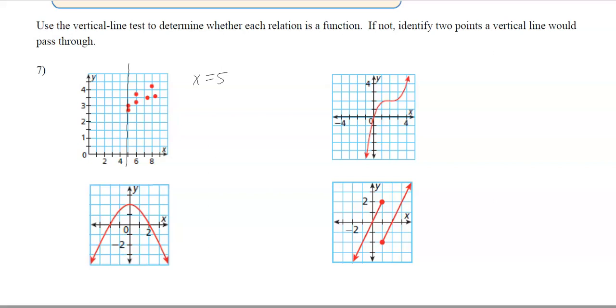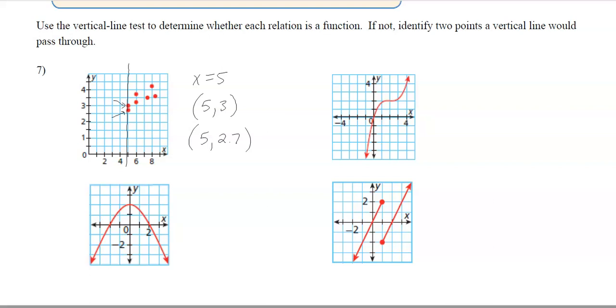So I think that was where our problem was. We had a problem at 5, 3, which would represent this dot. And then that one we have to kind of guess at, maybe 5, 0.27. So there was our issue. There were our 2 points where we had a violation. We had one x that mapped to 2 y's.